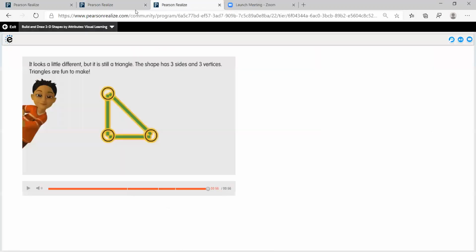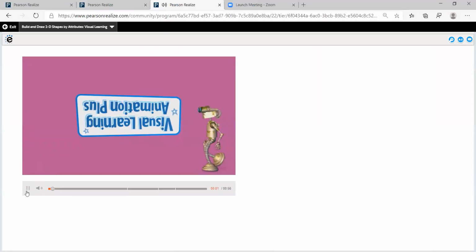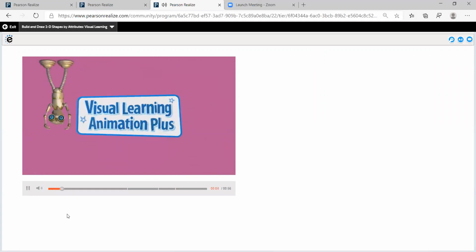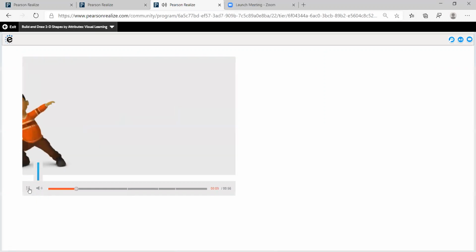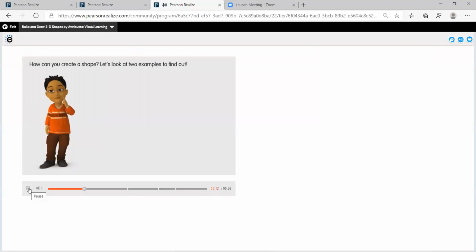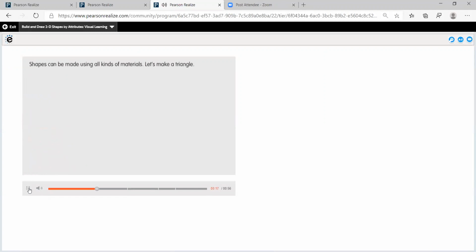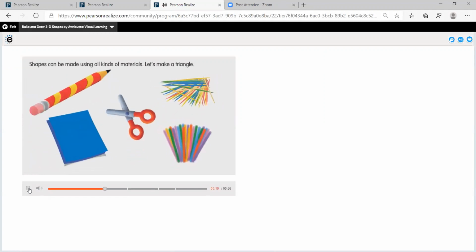Let's take a look now at our visual learning. How can you create a shape? Let's look at two examples to find out. Shapes can be made using all kinds of materials. Let's think about making a triangle.